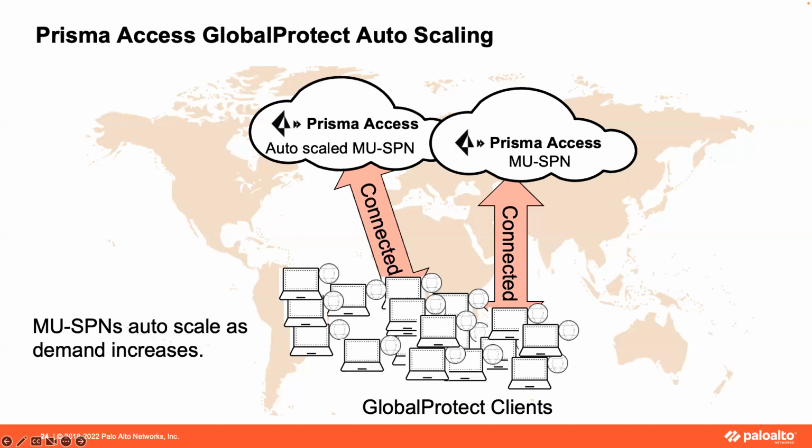What we do and what we will guarantee we do in the background is we will scale up with as many nodes, as many MUSPNs in a location that are required to handle the amount of traffic and the throughput and the users and things like that. They'll be clustered and front-ended. We will auto scale up and down as needed.